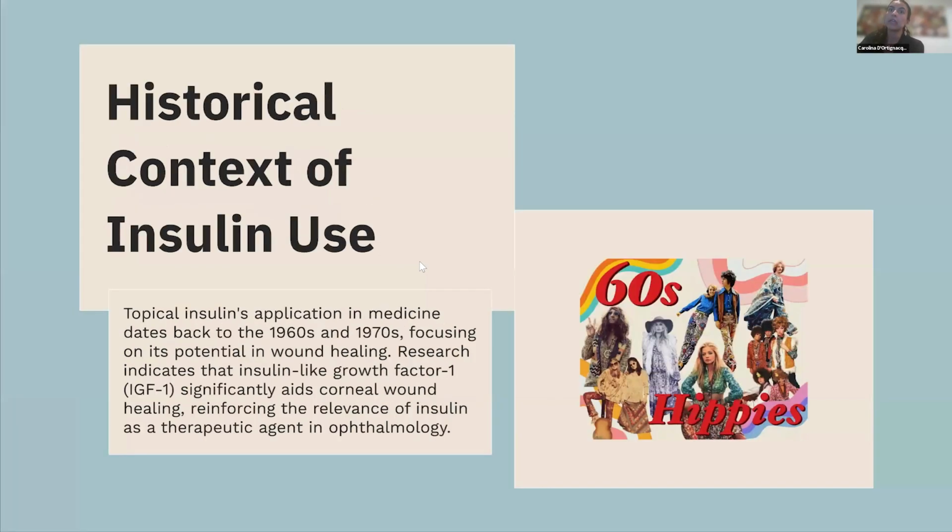Historical context: topical insulin application in medicine dates back to the 1960s and 1970s, focusing on its potential in wound healing. So it also reinforces the relevance of insulin as a therapeutic agent in ophthalmology.